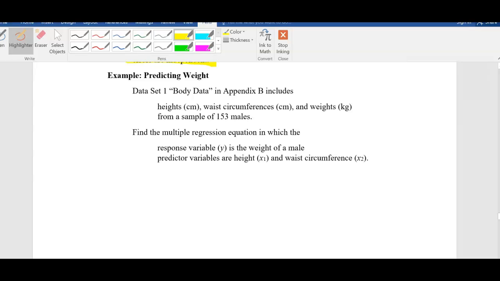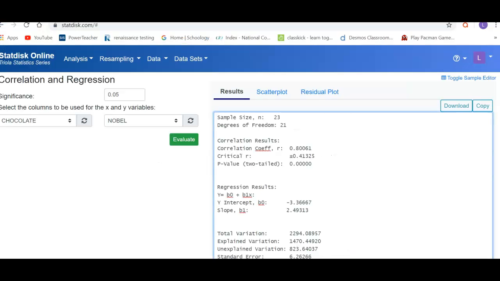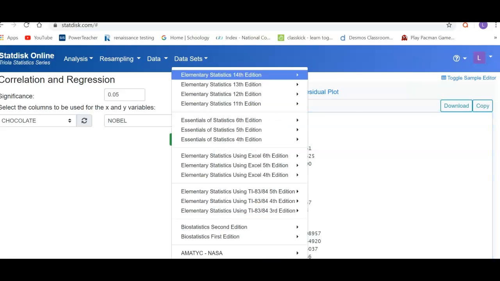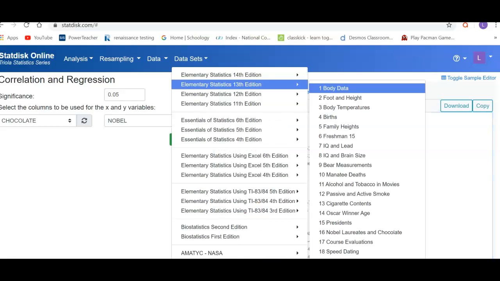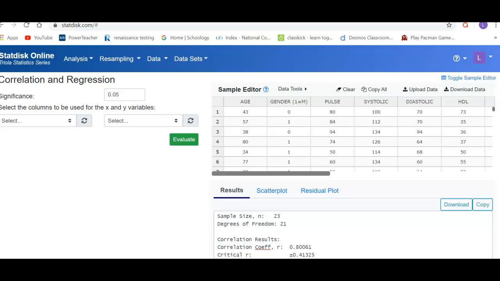Okay, we're going to use data set 1, our body data. So when you go to statistics, make sure you go to data sets, elementary, and the body data. This is the data we're working with.